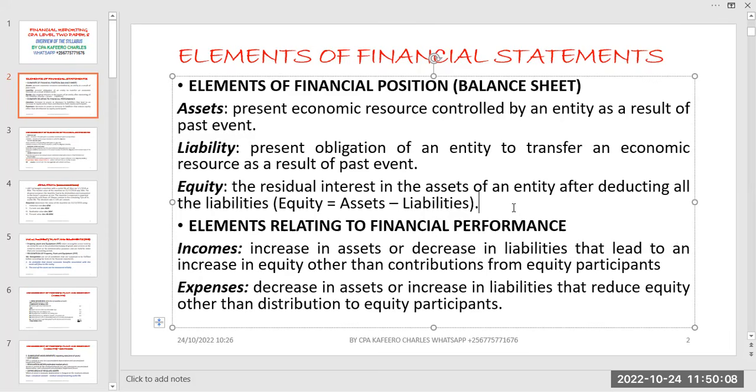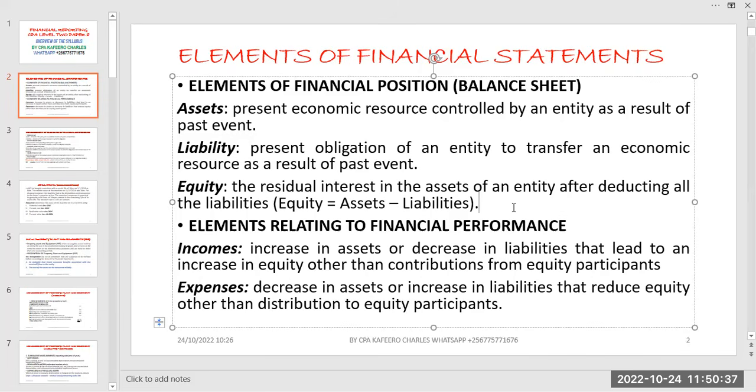For instance, if you are buying goods on credit and you get a trade discount, we call it income. That's why we record the discount received as other income in the financial statements.